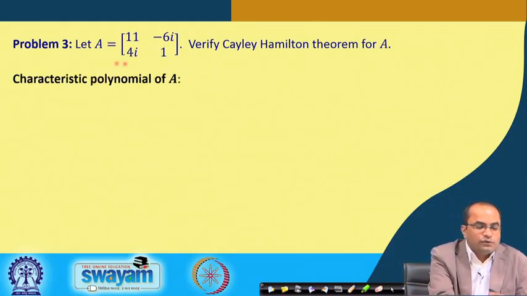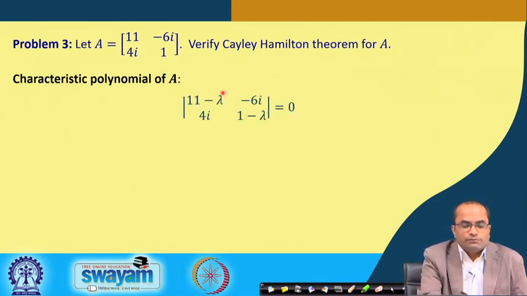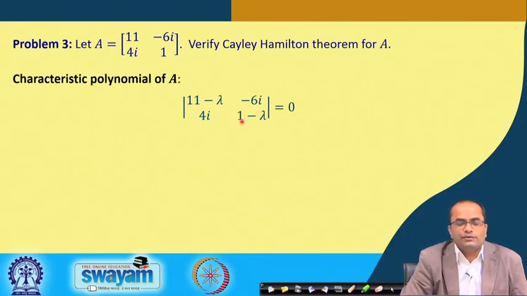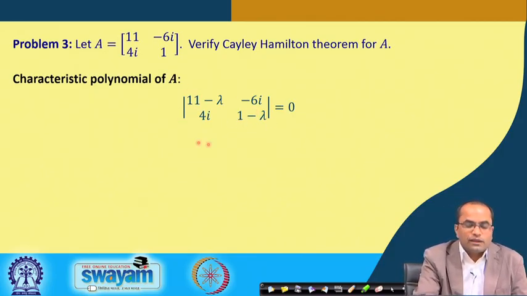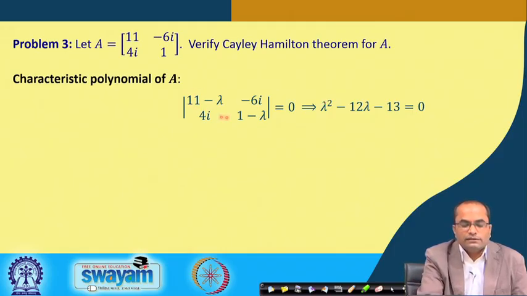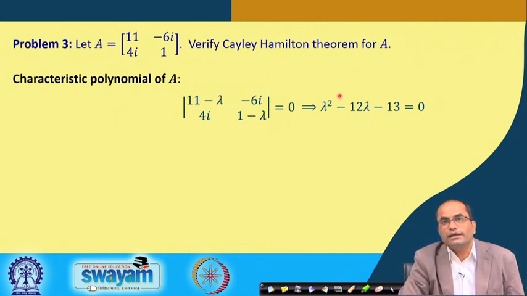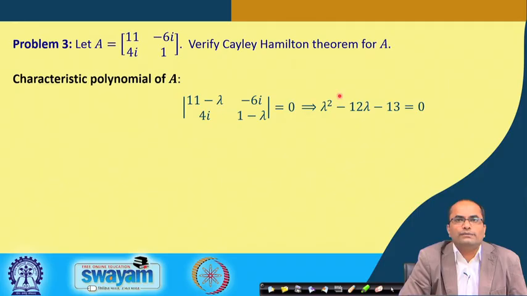The characteristic equation we have to write corresponding to this A, which will be just by subtracting this lambda from the diagonal entries, and now we can write it in terms of this determinant. So we will get this equation: lambda square minus 12 lambda minus 13, that is just the product of 11 minus lambda and 1 minus lambda, and then minus minus plus here 24 I square, so again minus 24. We can simplify, and we get this equation lambda square minus 12 lambda minus 13.